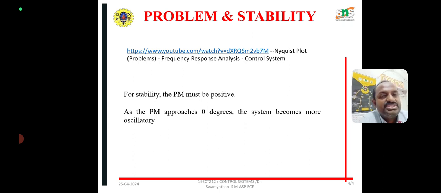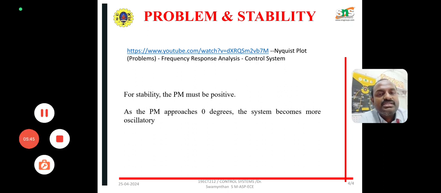As the phase margin approaches 0 degrees, the system becomes more oscillatory. So this is the important concept for stability in the Nyquist plot conditions.